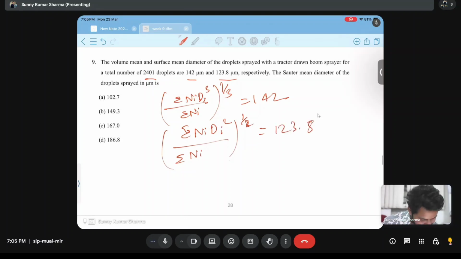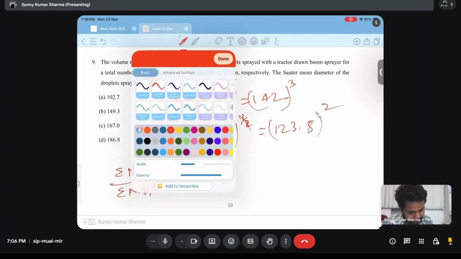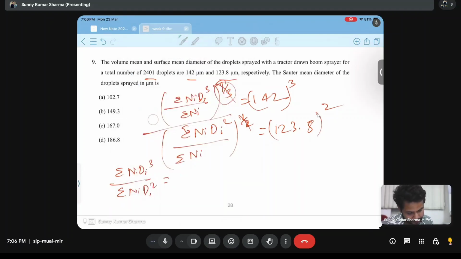Sorted mean diameter means sigma Ni Di cubed by sigma Ni Di square. You have to find this. So you put the 1 by 3 on this side, this becomes cube, and 1 by 2 on this side becomes square, and divide both: 142 cube by 123.8 square.